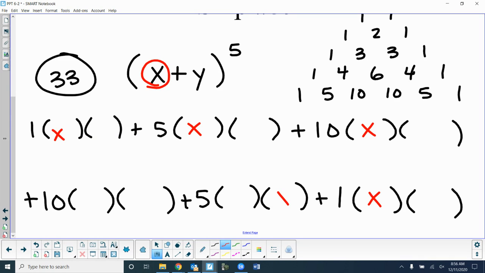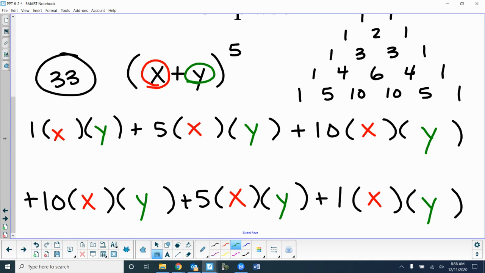What goes in the second one? So far, so good?